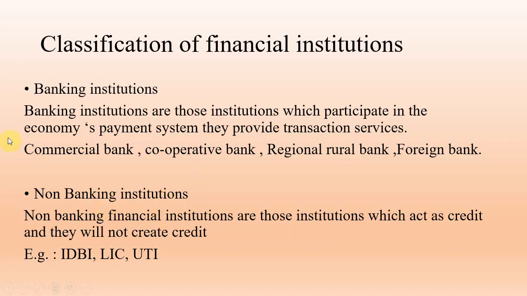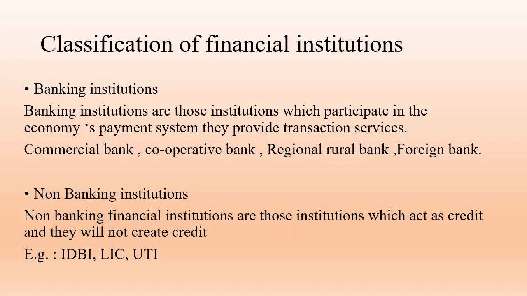Financial institutions, that is banking institutions. Banking institutions are those institutions which participate in the economic payment system. They provide transaction services. Examples are commercial banks, that is SBI, Syndicate Bank; cooperative banks, that is KDCC Bank, and Sirsi Urban Cooperative Bank; then regional rural banks, mostly RRBs, such as Karnataka Vikas Gramin Bank.